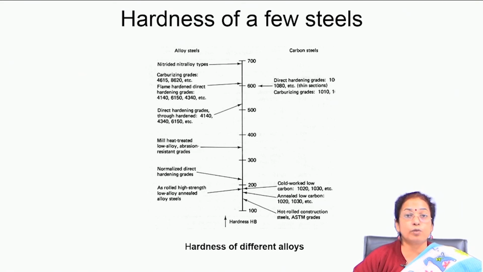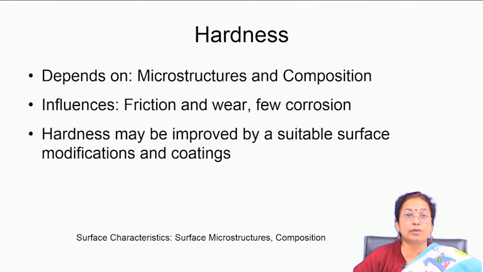Usually pure metal has lower hardness, and you can harden it by different hardening operations like strain hardening, grain refinement, precipitation hardening, and edge hardening. By different operations you can increase the hardness to a large extent.